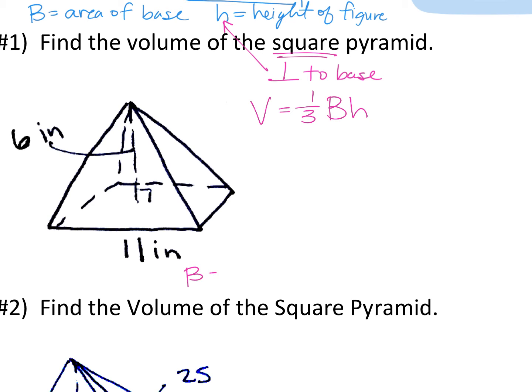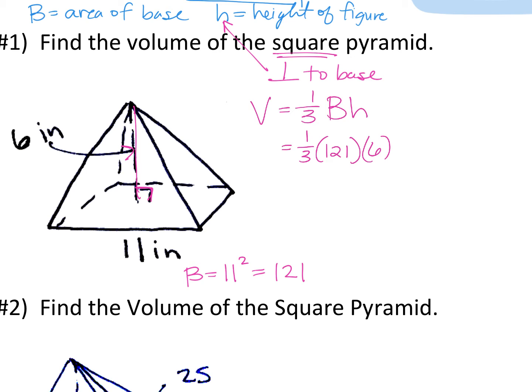The area of your base is base times height, or 11 squared because it's a square. So 121 would be B. So you have 1/3 times 121. What is H? It's the 6, right? It's that perpendicular to your base. It's the one that goes down the middle of your figure most of the time.